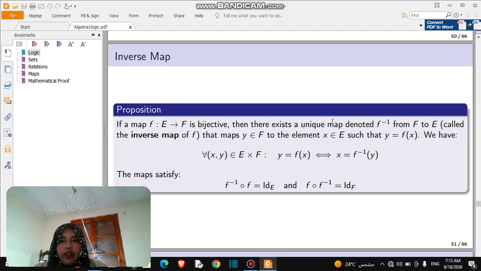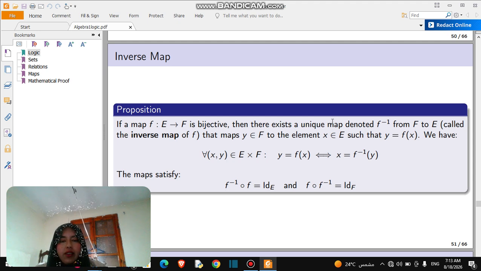Inverse map. Every map has an inverse map if it is bijective. If it is both surjective and injective, then it has an inverse map. A map f from E to F that is bijective, then there exists a unique map denoted f^-1 from F to E, the inverse map of f, that maps y from F to an element x in E such that y equals f of x.